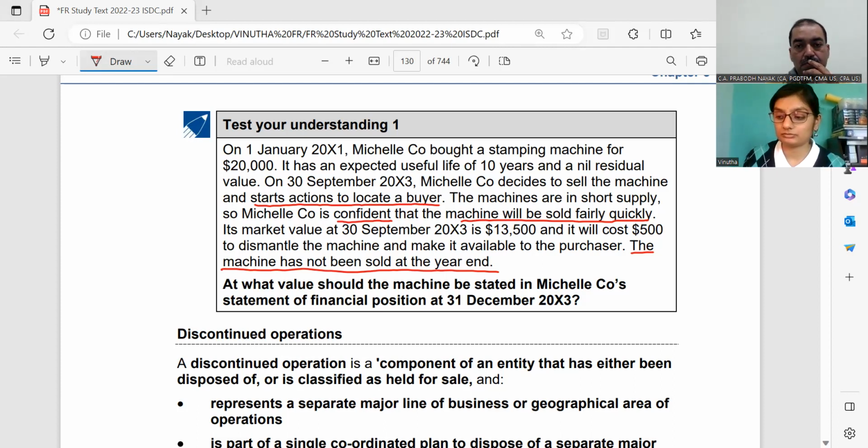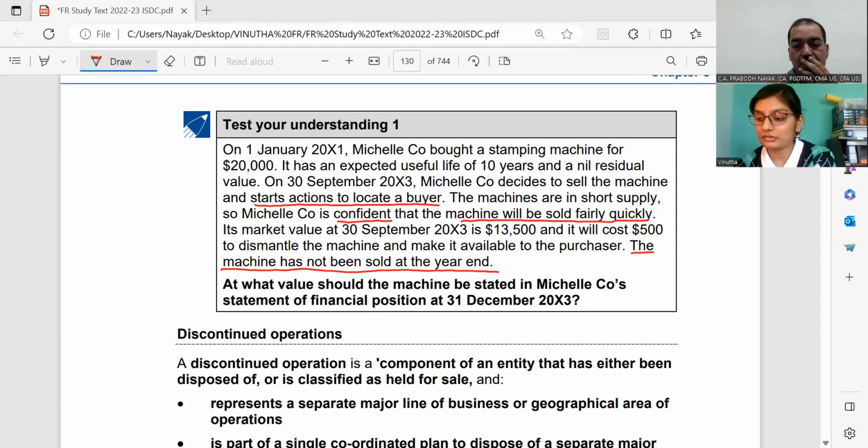Sir, 1,500 loss will be there, sir. Why there will be a loss upon sale of the machinery? We are not selling the machinery. Who said we are selling the machinery? Machine, so the cost of the machine will be 14,500 at the end of the year.